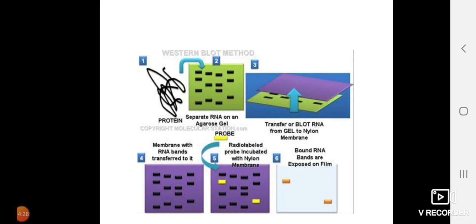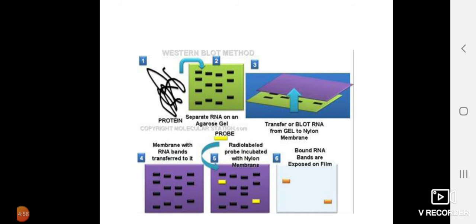Sometimes, before adding the antibody, people also add blocking agents, which are going to specifically block all the areas which do not have the protein blotted onto them.